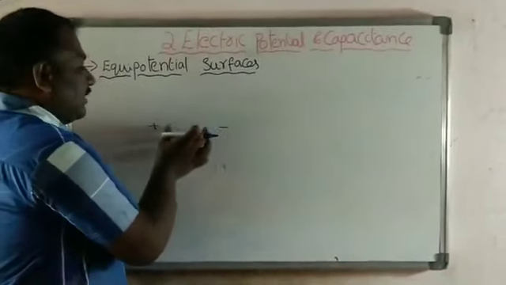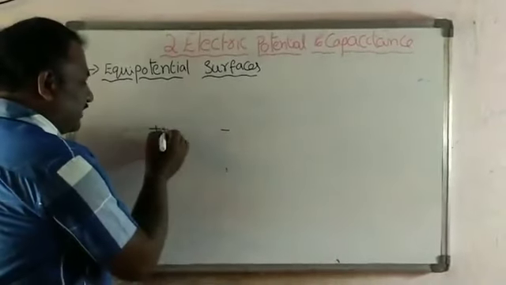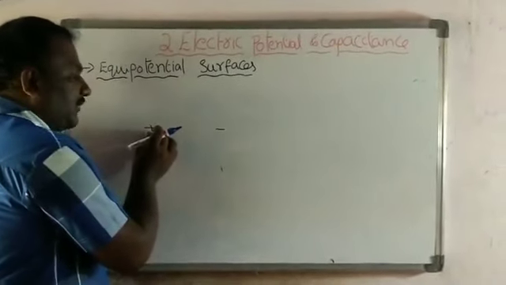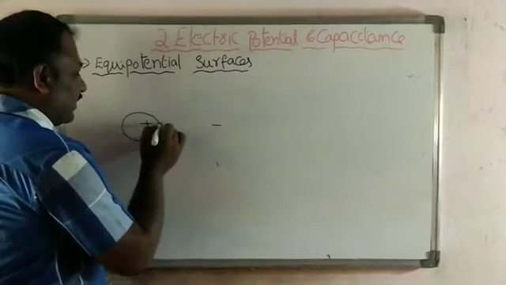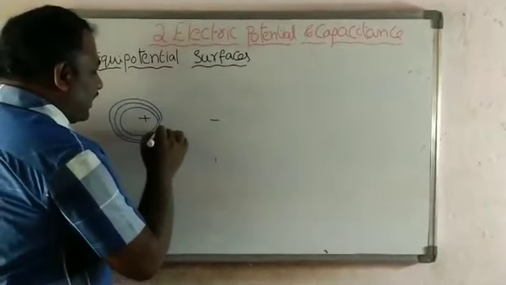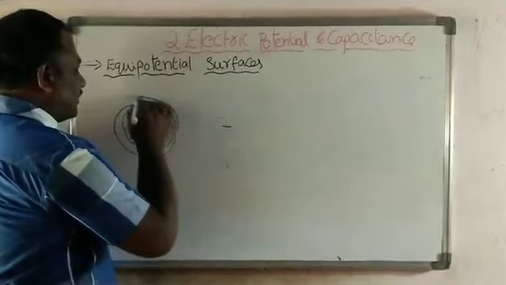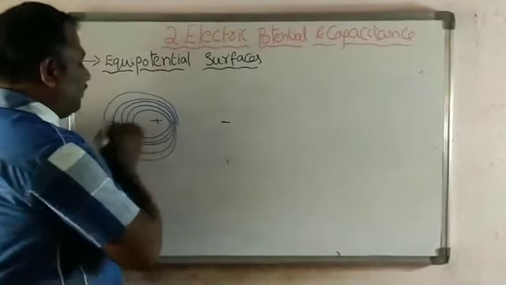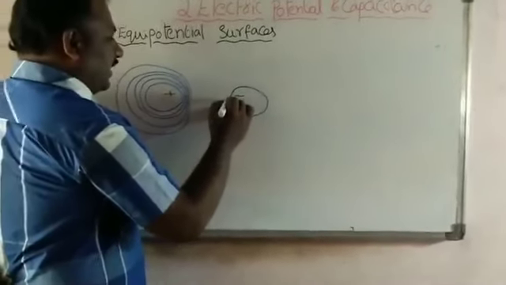Due to that reason, the surfaces around this positive charge are aligned in this manner. Here the inside surfaces are nearer to each other and the outside surfaces are far from each other. In a similar way, here also we take the negative charge.